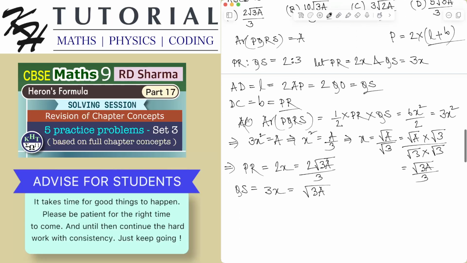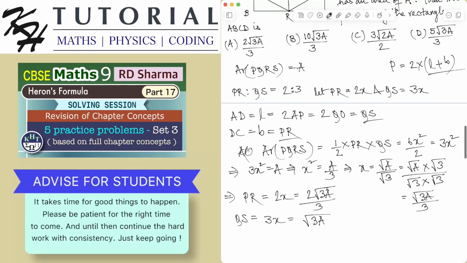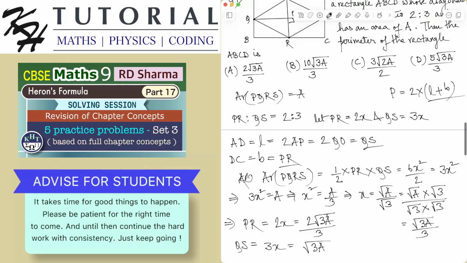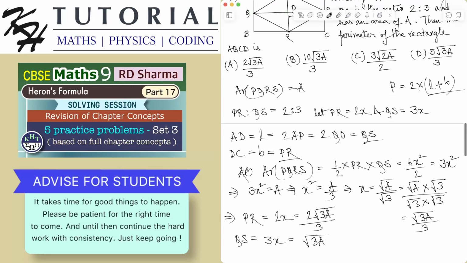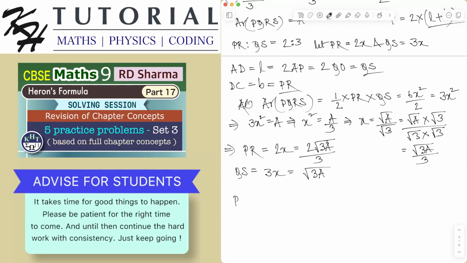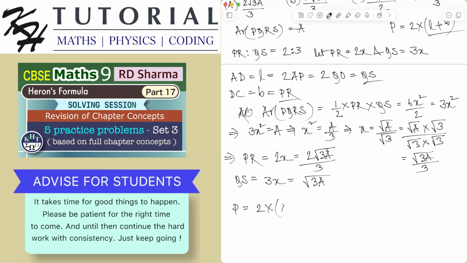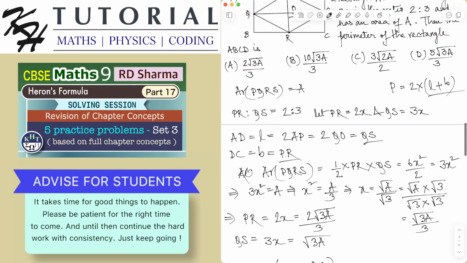Then what is the perimeter of the rectangle? The perimeter will be equal to 2 into AD plus DC, because AD is the length of the rectangle and DC is the width.